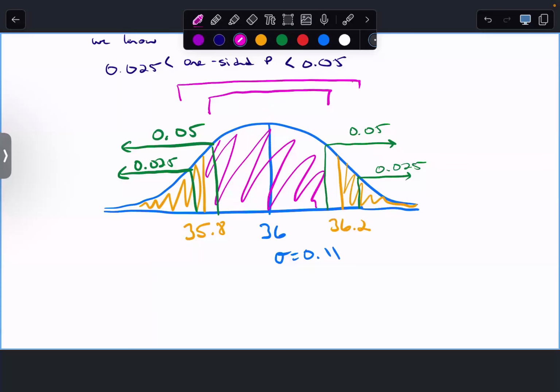And maybe I'll remove this question mark and give myself a little bit more space. So this area is 1 minus 0.05 minus 0.05, which is 0.90. Out to the largest possible area, which is 1 minus 0.025 minus 0.025, which is 0.95.